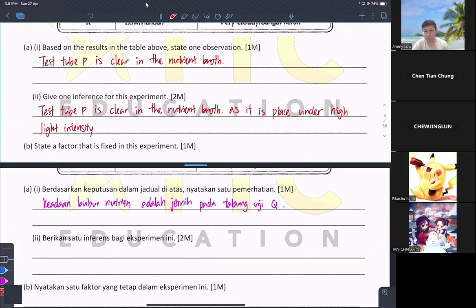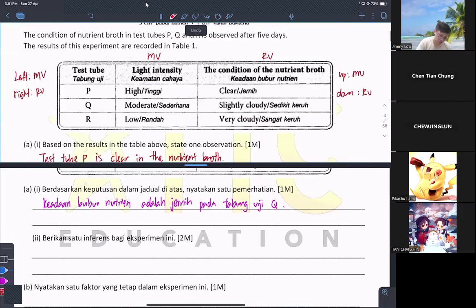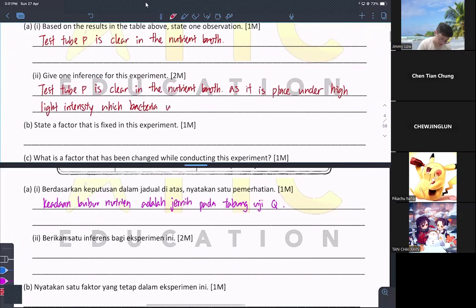Okay, but don't stop here, because this is not a complete inference. You have to make it clear which bacteria. Oh yeah, because you see growth of bacteria, so we just use like bacteria unable to grow.